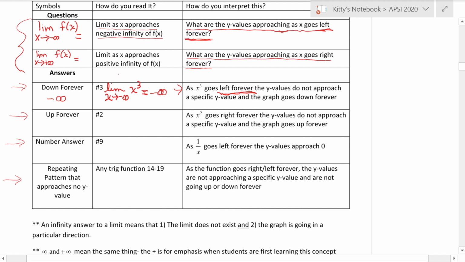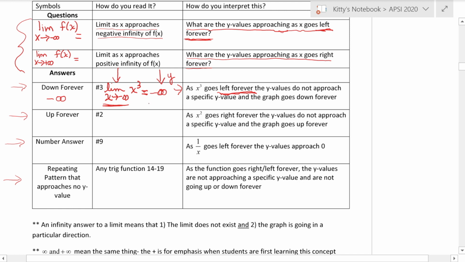So the limit part tells you where the x's are headed. The answer part tells you what the y's are doing. The answer to a limit tells you what the y's are doing. So when I read this limit problem, I would say the limit as x approaches negative infinity of x cubed equals negative infinity. That's how I read it.